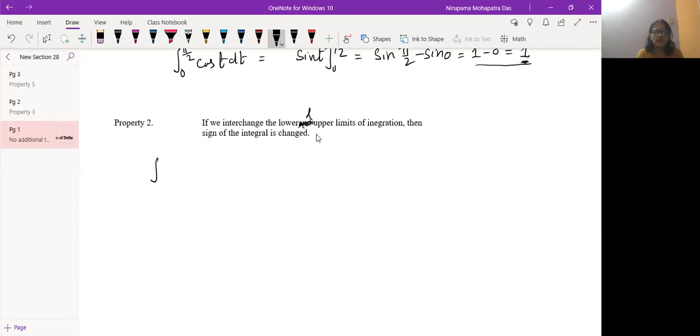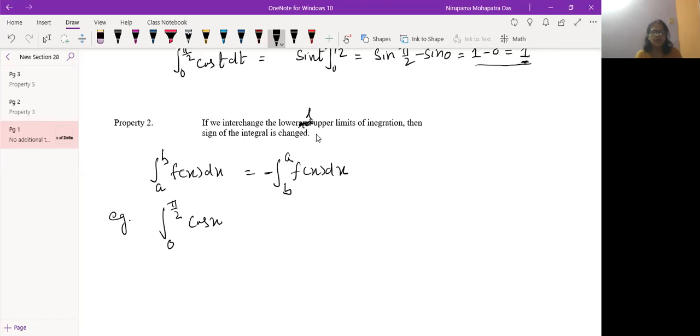If I write the integral from a to b of f(x) dx, and if I write the integral from b to a of f(x) dx, interchanging the upper and lower limits, the sign of the integral is changed. Again a simple example: the same as above, the integral from 0 to pi by 2 of cos x dx.